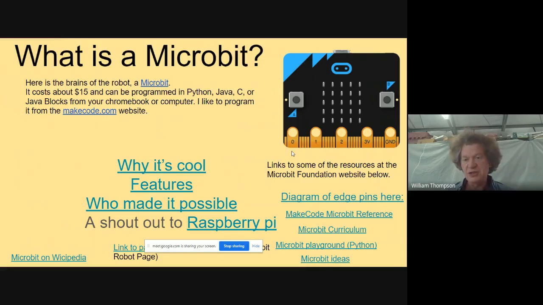This device has two buttons you can program, and a 5x5 LED array that can put messages on the screen. Internally, it has a bunch of sensors. It has XYZ accelerometers, a temperature sensor, and a light sensor. It has magnetic sensors, and it also has Bluetooth and a two-way radio in each one. So really, quite a resource for the money. And I have a bunch of links here you can come back to to further explore this device.